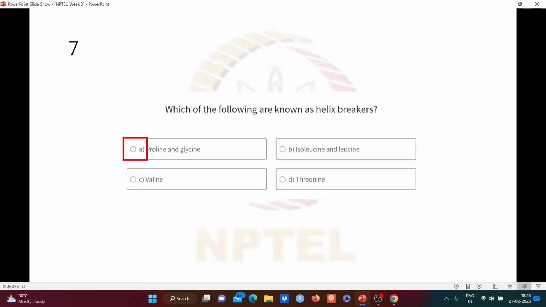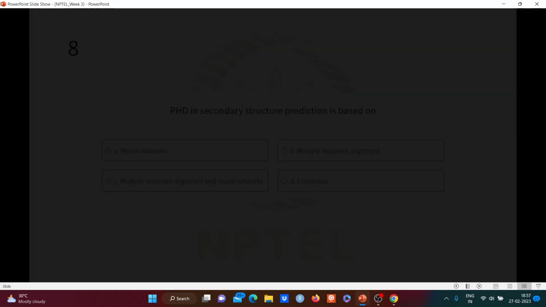Proline introduces a kink in the protein backbone due to its cyclic structure, so that can disrupt the helix. And glycine is the smallest amino acid, its side chain is just a single hydrogen atom. So this allows a high degree of flexibility in the protein backbone, which can also disrupt the alpha helix structure.